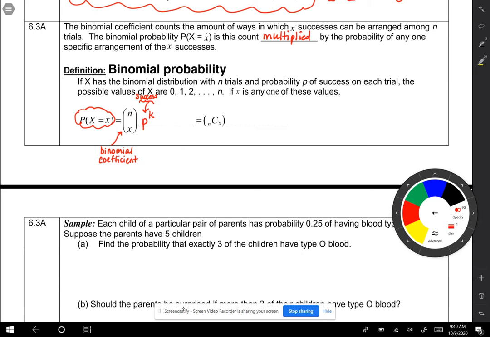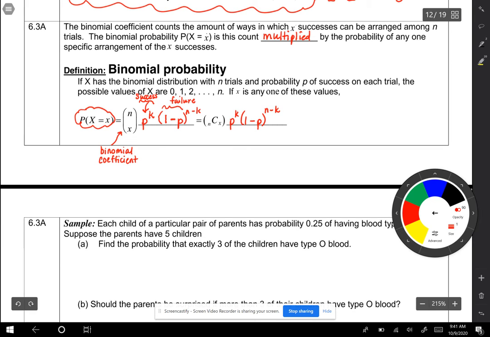Then if p is your success, p to the k power, then 1 minus p to the n minus k is your failure. Another way of writing the binomial coefficient is the combinations in your calculator times p to the k times 1 minus p to the n minus k.